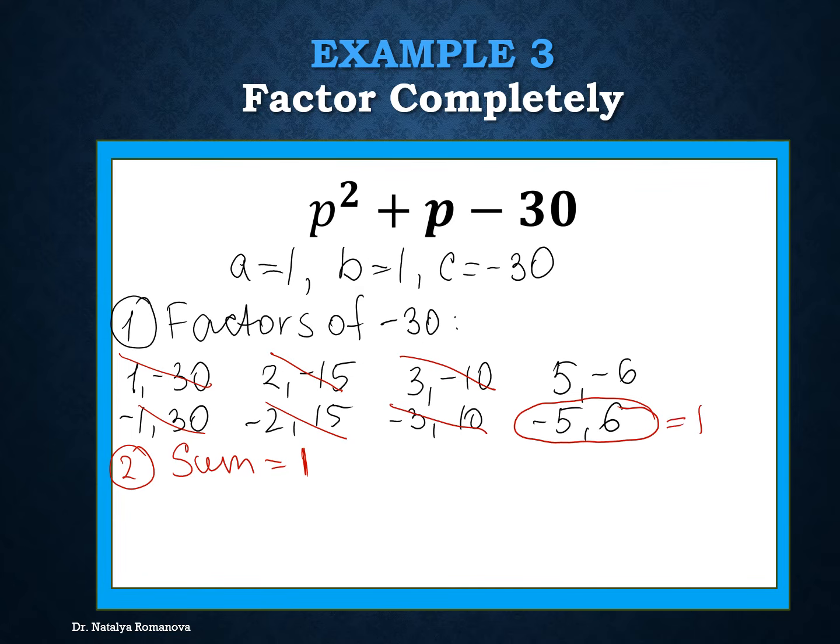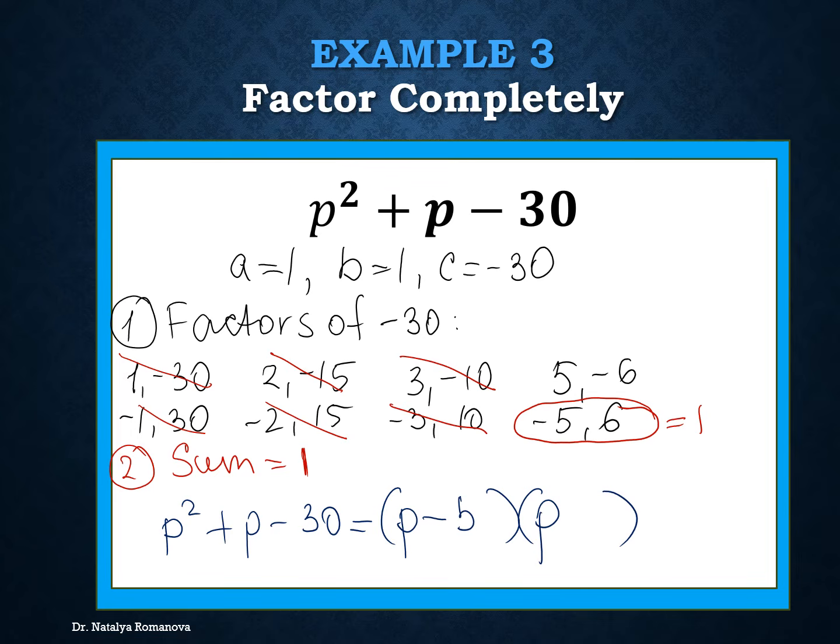Now we can write the answer, so p squared plus p minus 30 equals the factoring form, (p minus 5) times (p plus 6).